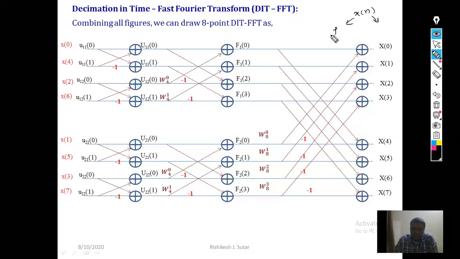So it would be f1 of n and f2 of n, and again f1 of n you are going to divide into the even and odd parts, which is u11 of n, u12 of n, and f2 of n is u21 of n and u22 of n. So you are just dividing the discrete time sequence into the even and odd parts. So that is it. That's why it is called a decimation in time fast Fourier transform.